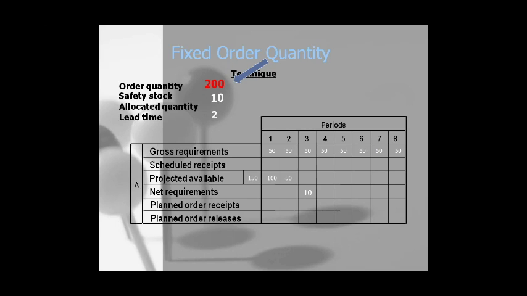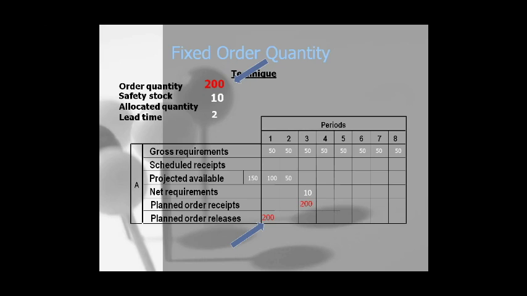So here's how it affects what we've been doing. We have a net requirement in period 3 driven by the safety stock. The planned order receipt, since we told MRP we are doing this in multiples of 200, is 200 pieces, same lead time of 2 weeks. So we release a job or a purchase order for 200 pieces at the beginning of week 1.